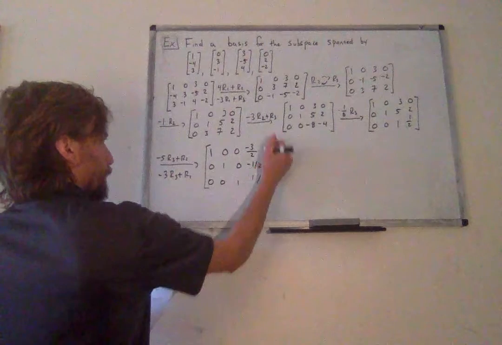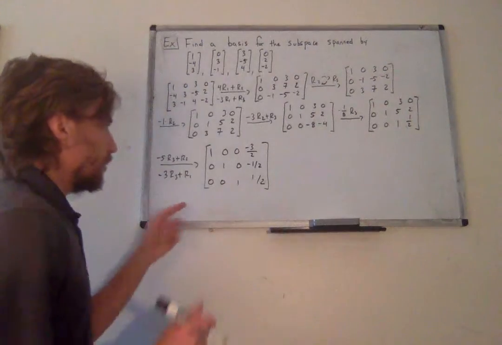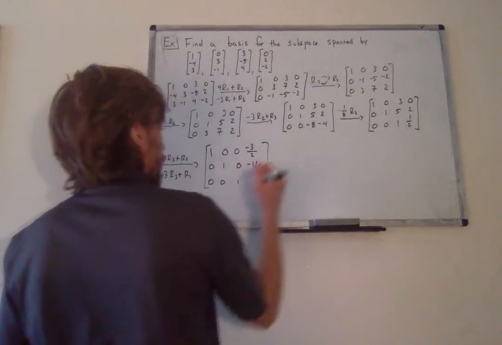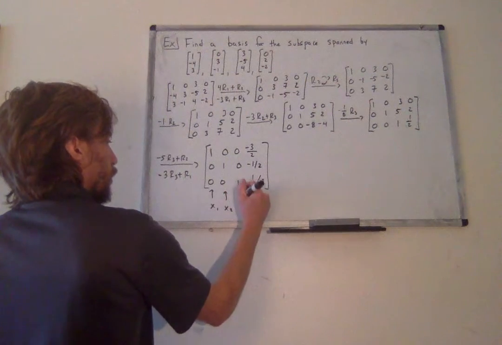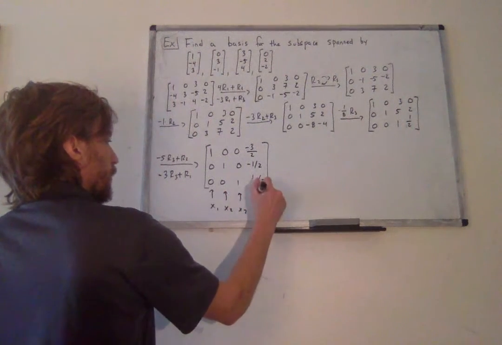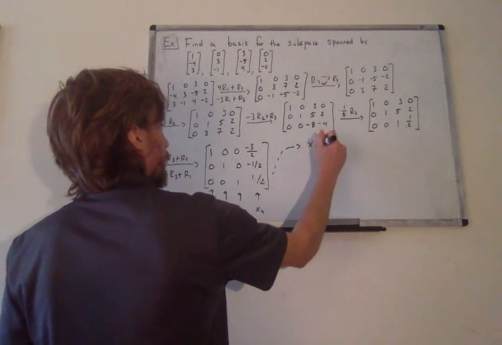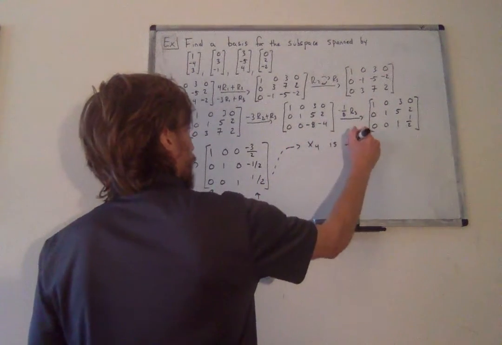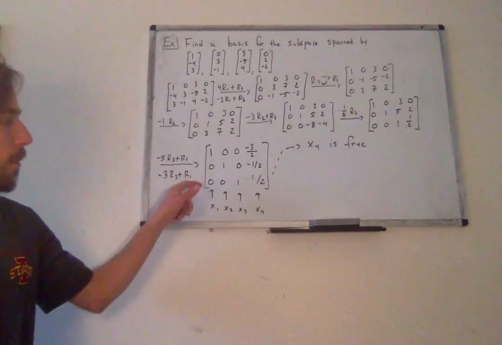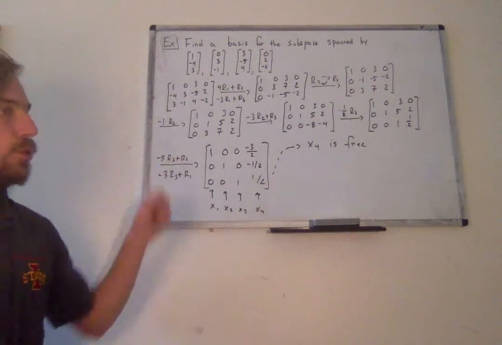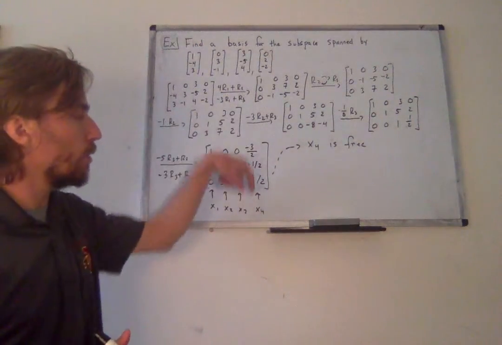Okay, so notice that again, we can associate each row with a variable. And so if you look at what's happening here, x4 is a free variable, specifically because x4 does not correspond to a pivot column.